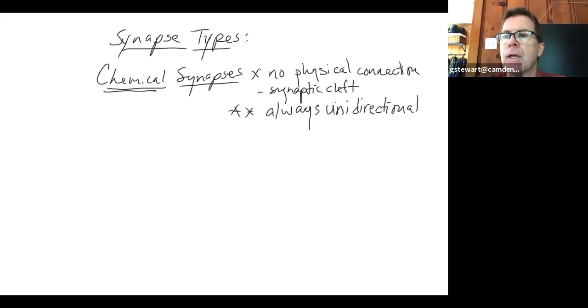That means communication is always from the presynaptic cell in one direction to the postsynaptic cell. That all sounds probably intuitive because we've only talked about chemical synapses so far. But now I'm going to bring up the other class of synapses. Those are electrical synapses, and they behave quite differently.